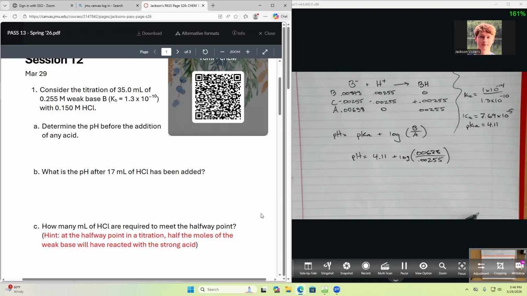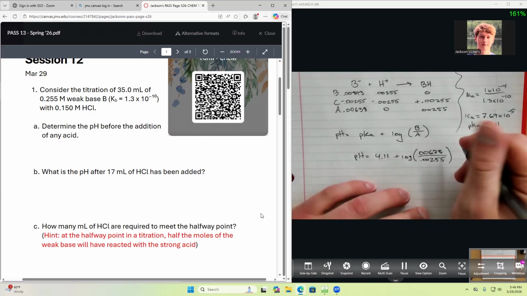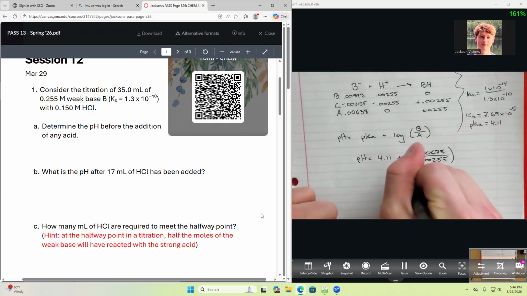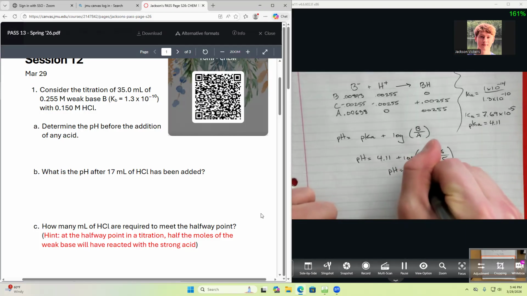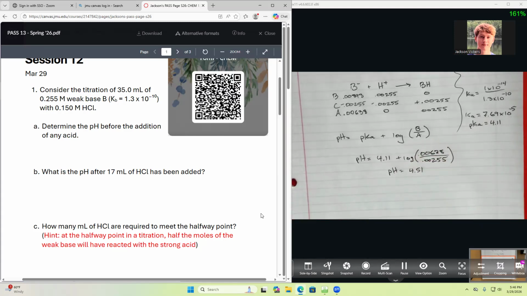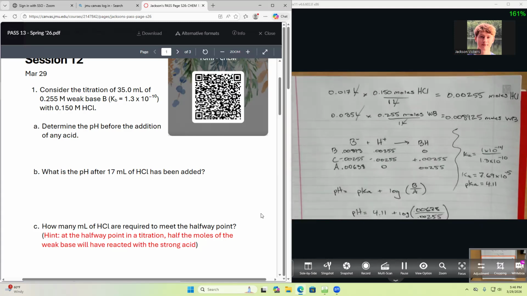And when I put that into my calculator, I get a pH of 4.51.